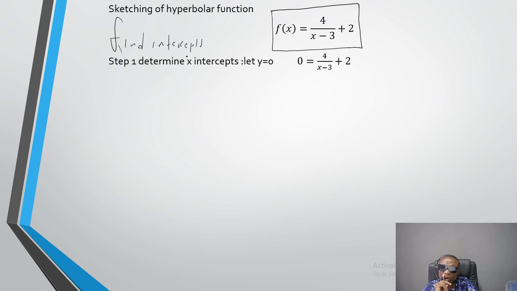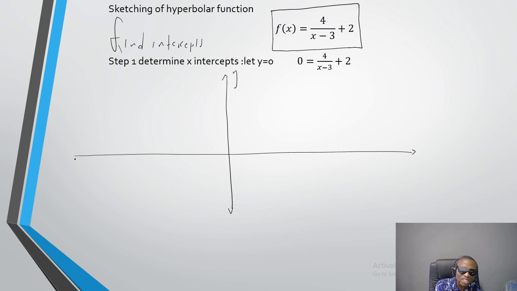Why actually do we have to find the x-intercept when we sketch the graph? We must back up everything that we are doing with reason. I'm sketching a hyperbola function. Y exists, x exists, and I know that this hyperbola function might pass through the x-axis.